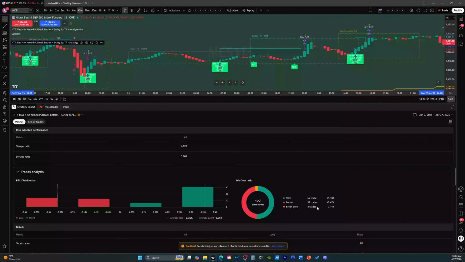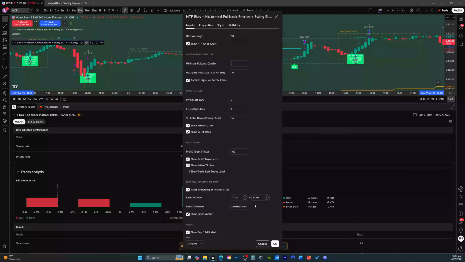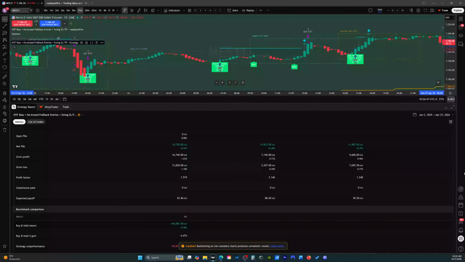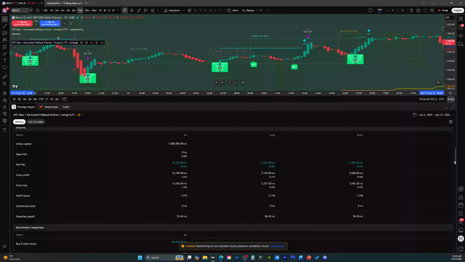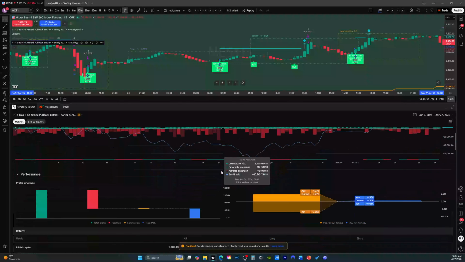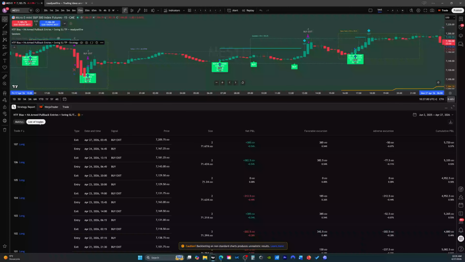Anyway, break even trades. Actually, you know what? Let's see what the profit target is on this one. Yeah, 100 ticks. Let's see if we change it to 153, because sometimes this thing can run. 5,720 with two micros.